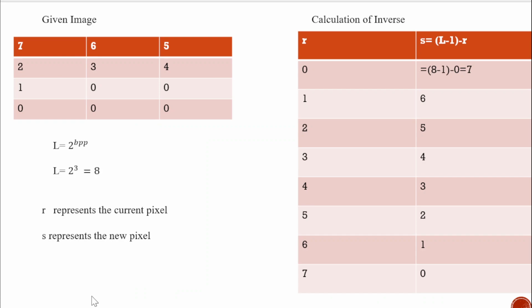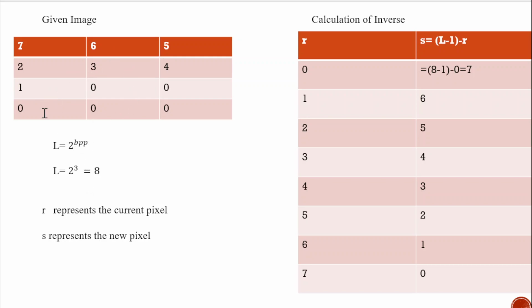So let's do a basic numerical to understand how this transformation works. Let's suppose there is an image with 4 rows and 3 columns, a 4 by 3 image. This is the image. Here L equals 2 raised to power BPP. BPP is 3, which is given here. We can also understand by looking at the image what the BPP is, but for now, let's assume that it is given.